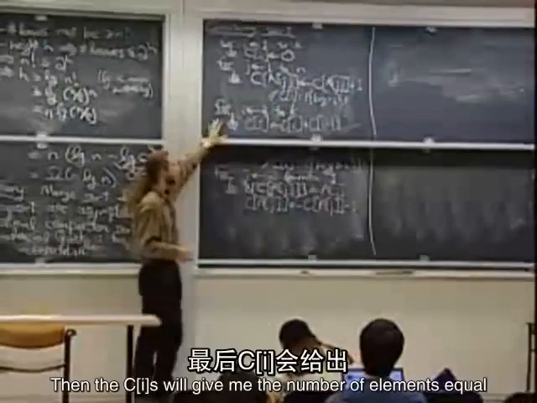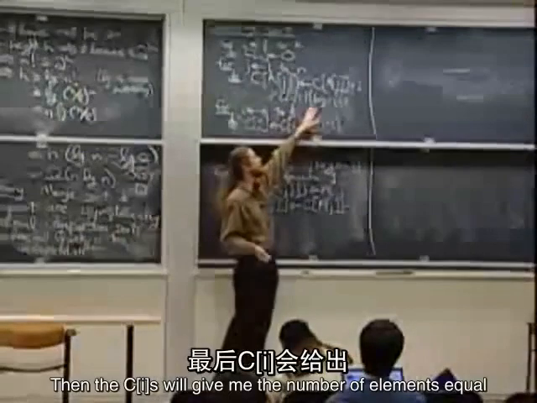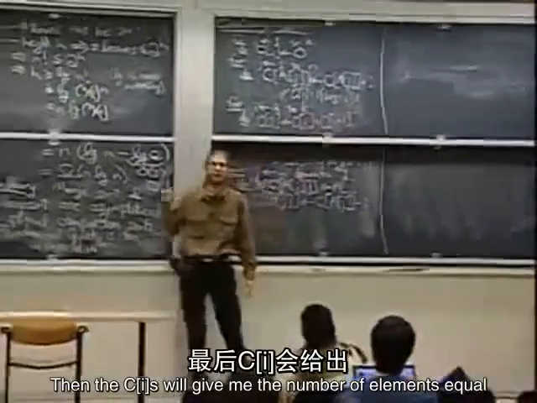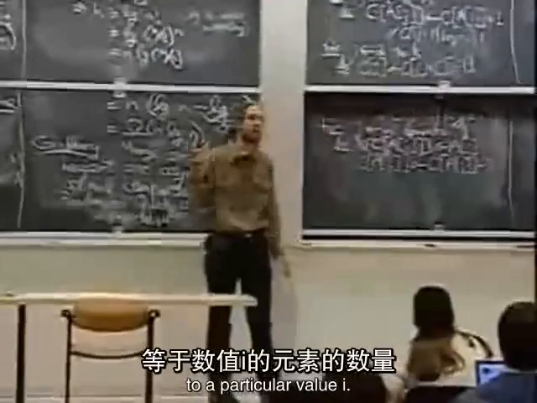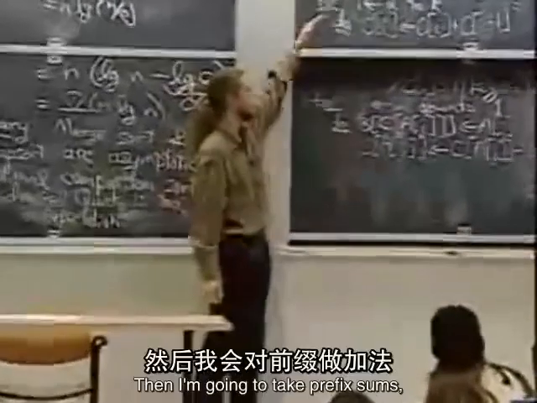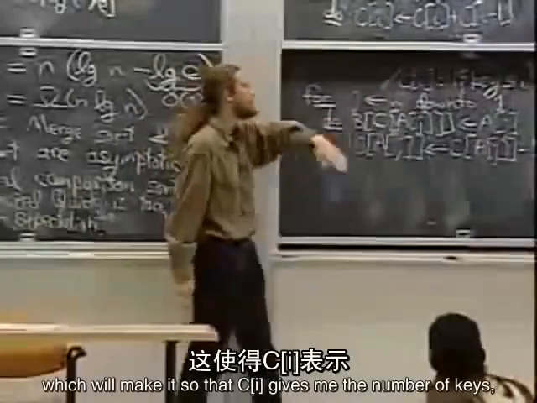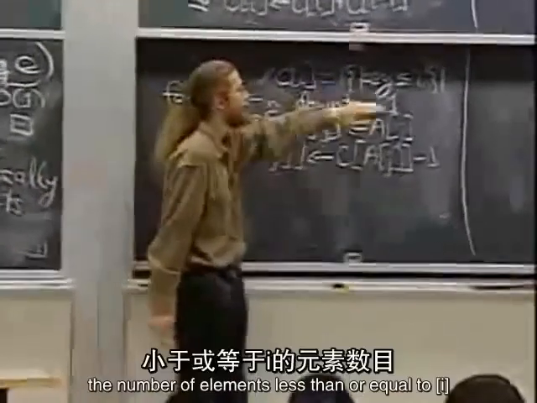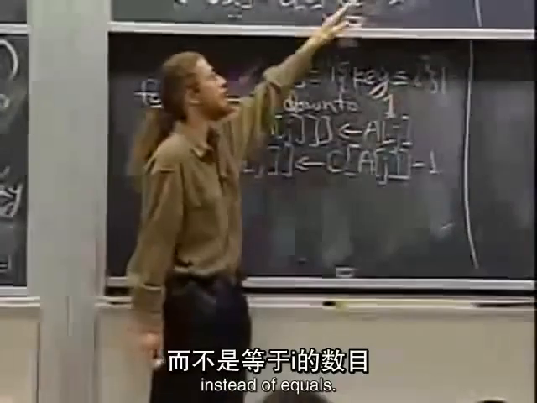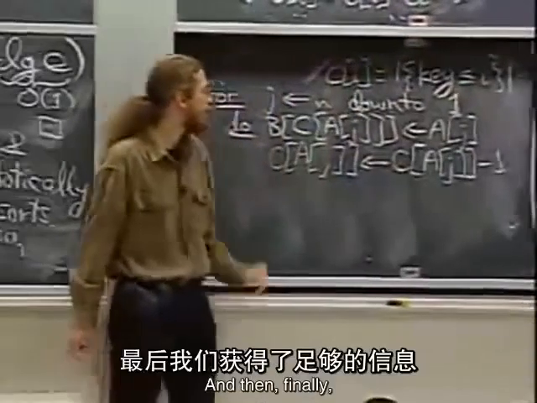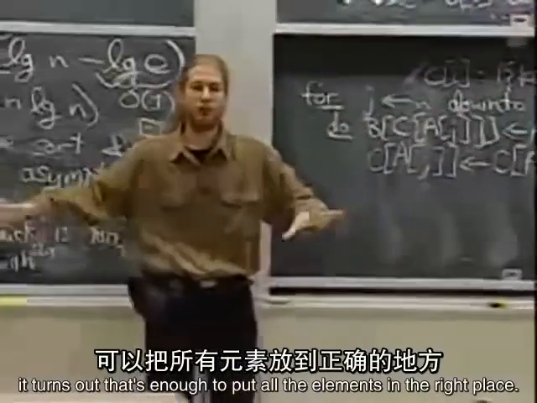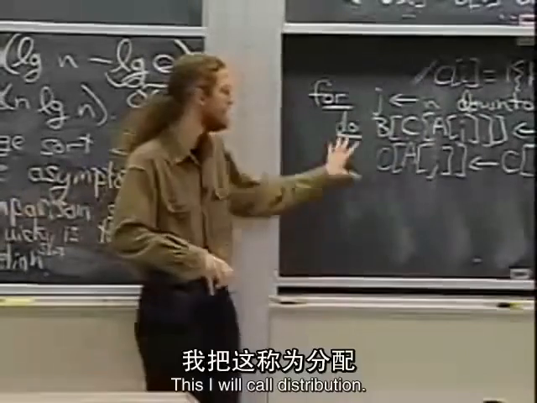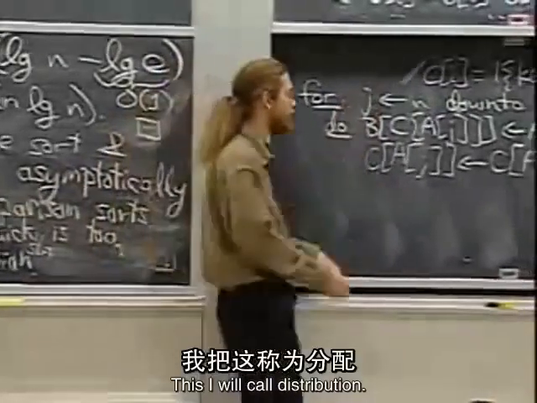Then the C[i]s will give me the number of keys, the number of elements equal to a particular value i. Then I'm going to take prefix sums, which will make it so that C[i] gives me the number of keys, the number of elements less than or equal to i instead of equals. And then finally, it turns out that's enough to put all the elements in the right place. So this I'll call distribution.